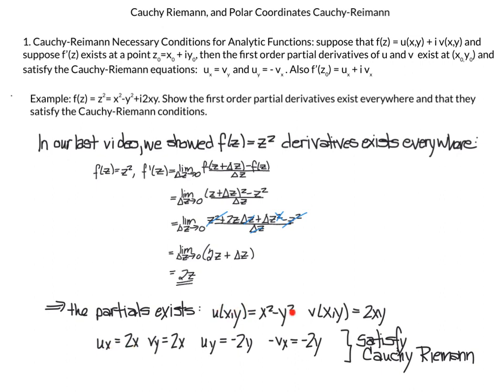The partial of u with respect to y is negative 2y. The partial of v with respect to x is 2y, so the negative partial of v with respect to x is negative 2y. And the partial of v with respect to y is 2x. So you can see that our Cauchy-Riemann conditions, u sub x equals v sub y and u sub y equals negative v sub x, are satisfied.